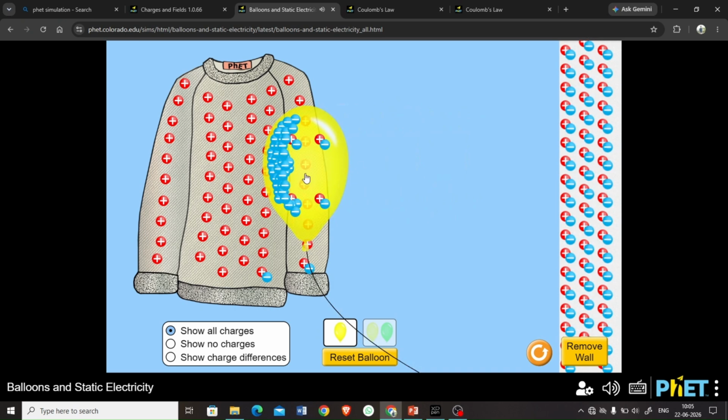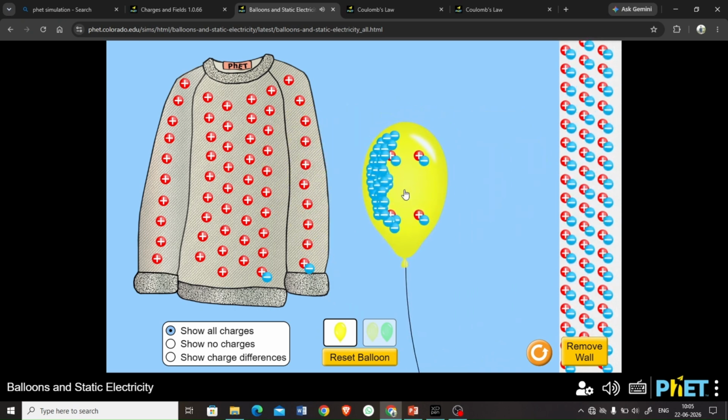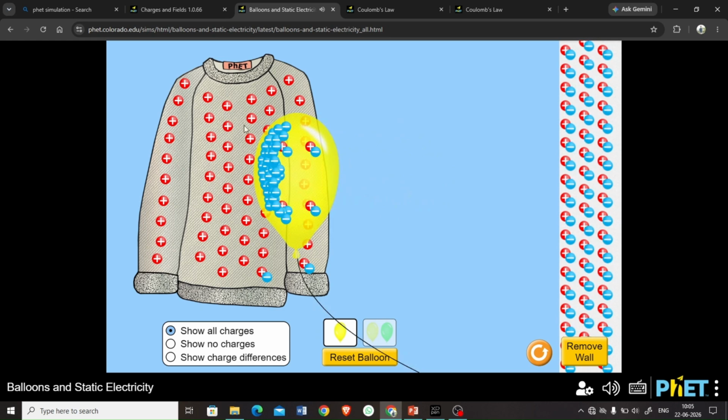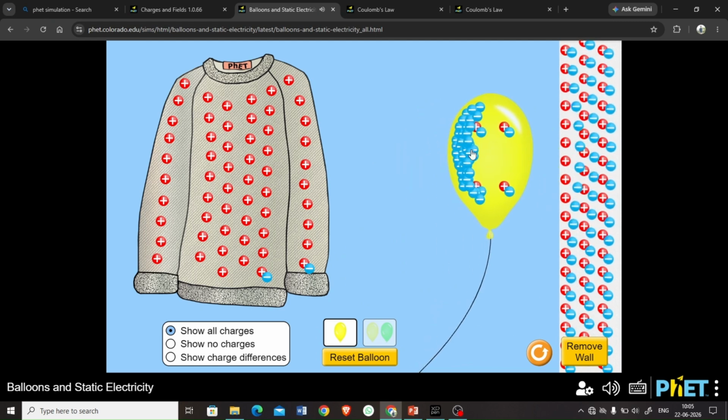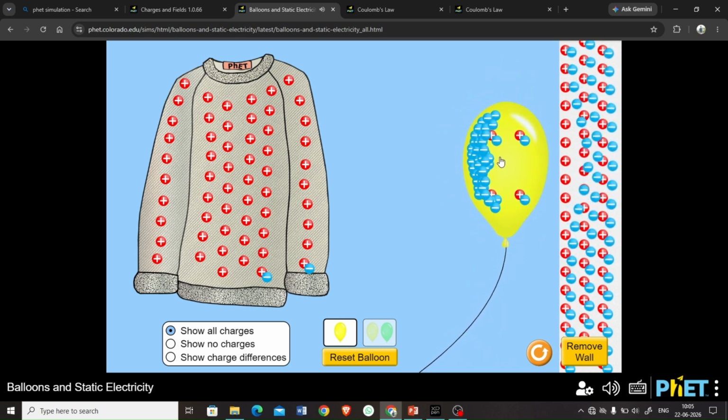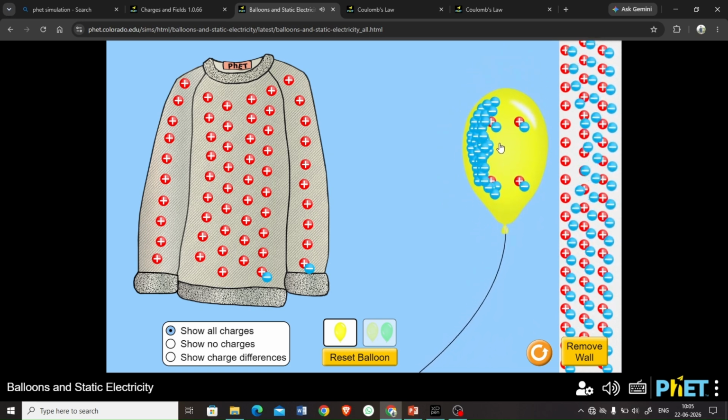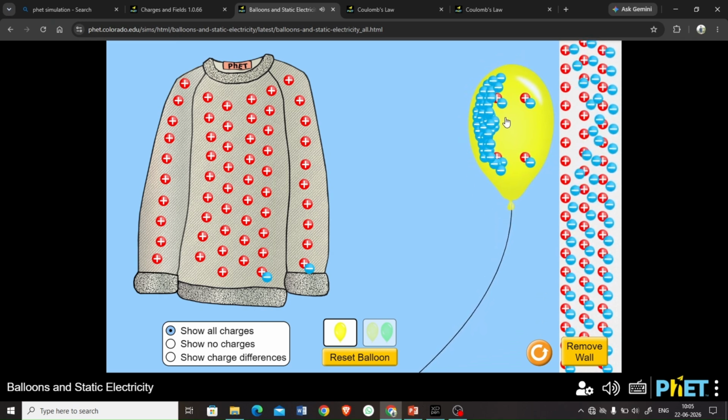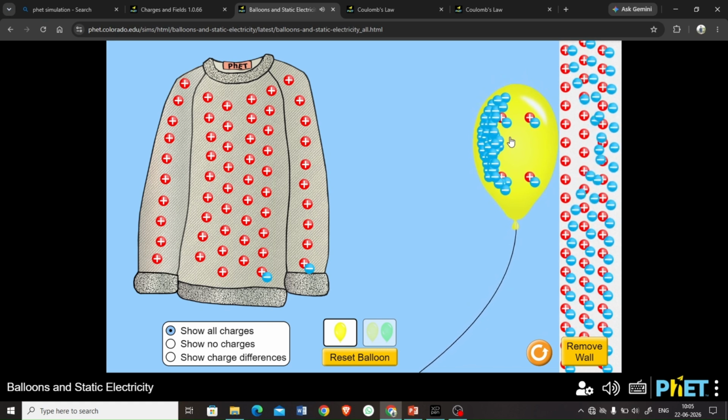See this. This is attraction. Here it is a positive charge, and in the balloon there is a negative charge, so they attract each other. As I move towards the wall, the negative charge is repelled because the balloon contains negative charge, and it sticks. Why? Because it has some positive charge also.